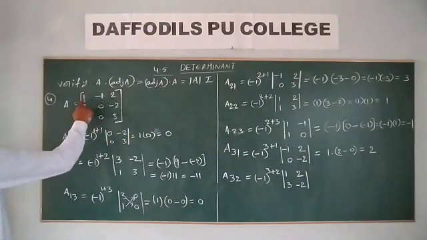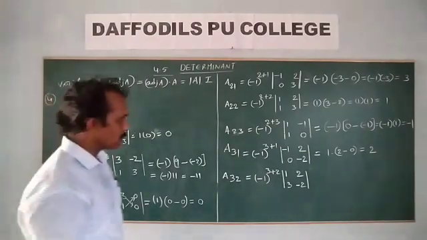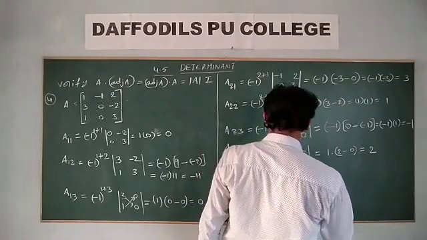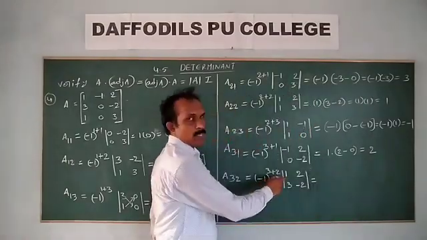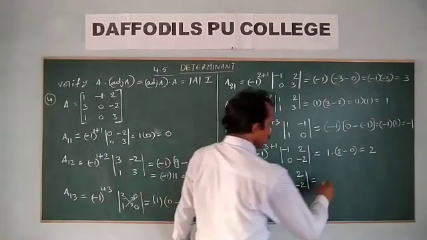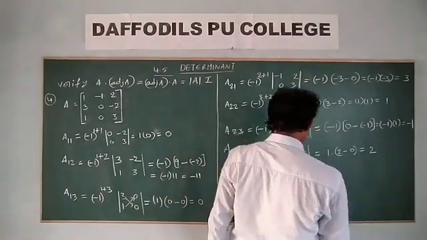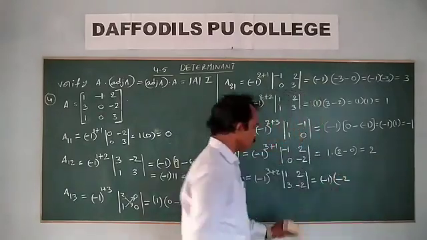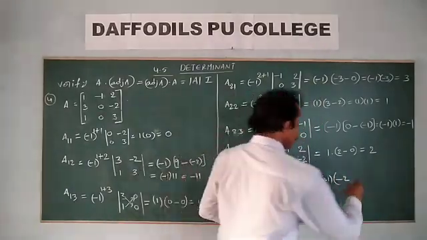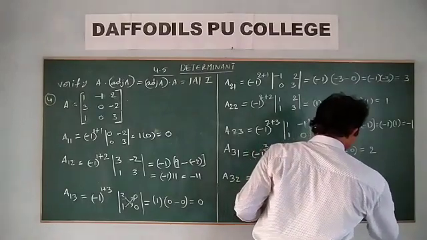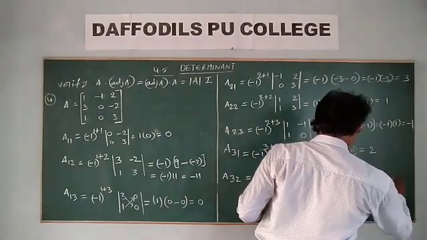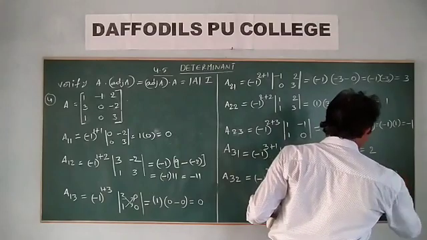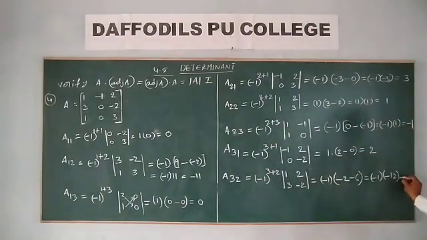Deleting this row and this column, the minor is 1 2, 3 minus 2. This is equal to minus 1 to the power of 3 plus 2, which is 5, an odd number, so minus 1, times (1 into minus 2 minus 3 into 2), which is minus 2 minus 6, that implies minus 1 of minus 8. So minus into minus is plus 8.